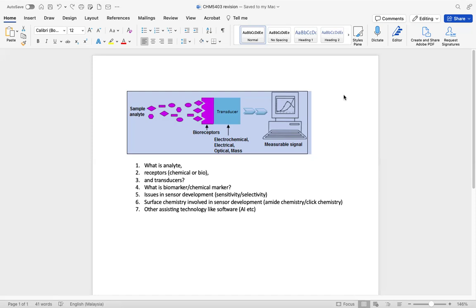But in future, if we are to do smart farming, controlling how much fertilizer and how much pesticide requires sensors, because it's difficult to rely on human resources all the time.